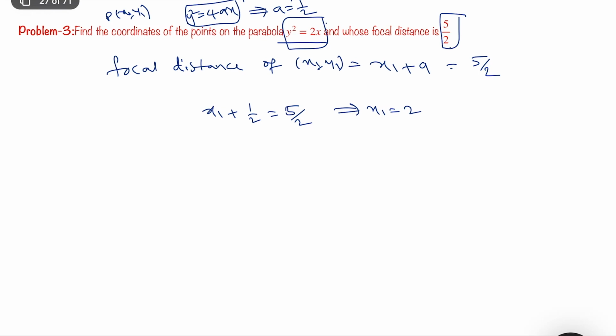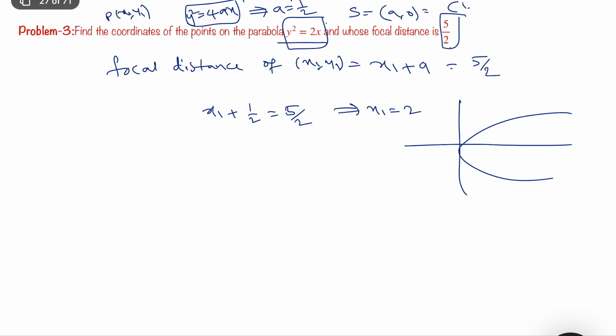Okay, first of all let me draw a rough graph here. So for this parabola, the focus is going to be a comma 0, right? So that means 1 by 2 comma 0. So here is, let's say, the focus 1 by 2 comma 0. Now we are looking for a point P, that is x1 y1, whose focal distance from that point to the focus should be equal to 5 by 2.